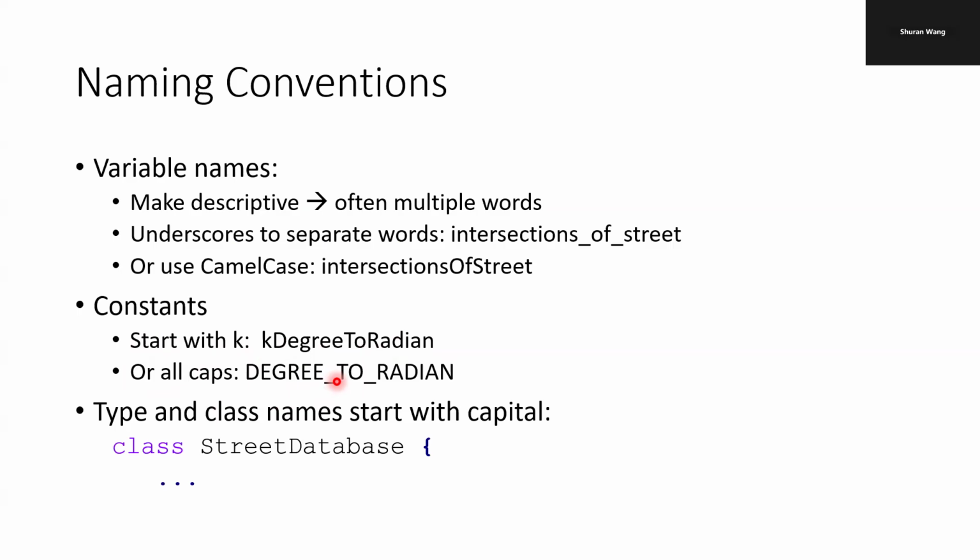Only for the names you are making. And variable names and function names shouldn't be using the same naming convention in the first place. For type and class names, always start with a capital.